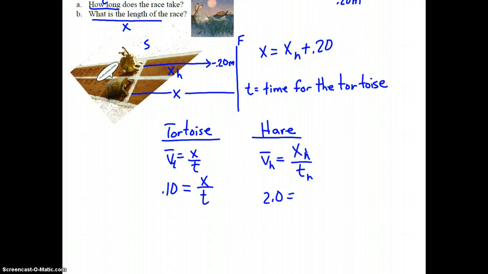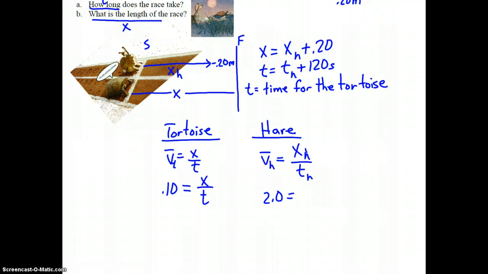In addition to that, we also know that the time that the tortoise travels is the time that the hare travels plus, what did the hare do? He rested for 2 minutes. Well, 2 minutes is 120 seconds. So the time of the tortoise is the time of the hare plus the 2 minutes that he rested.